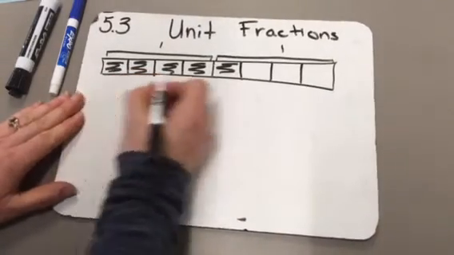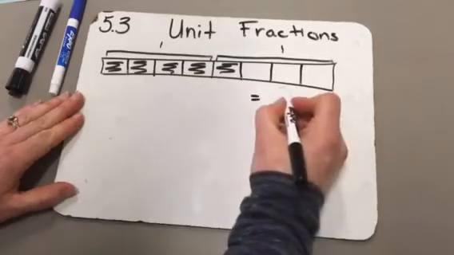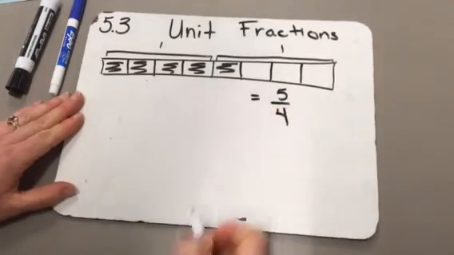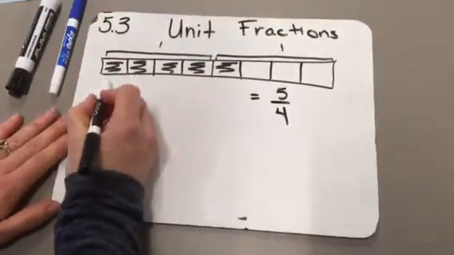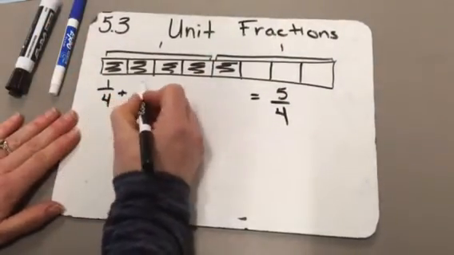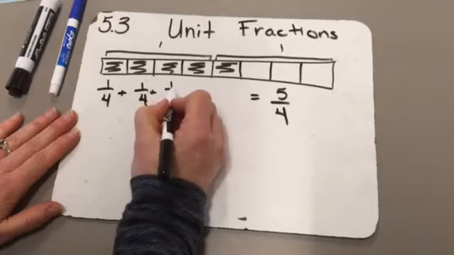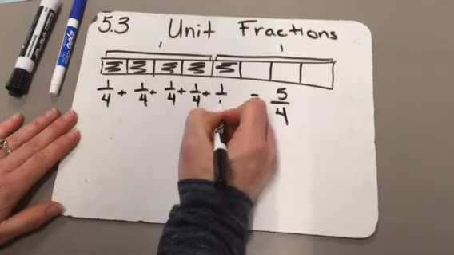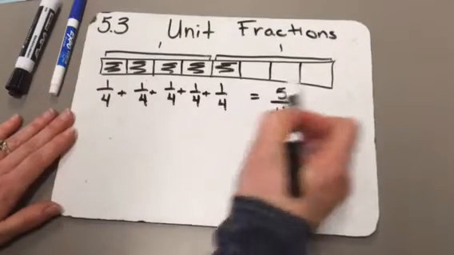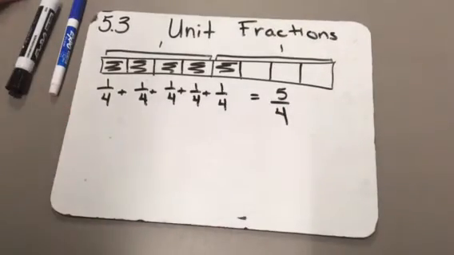All right, what you should have come up with is that it equaled 5 fourths. Not eighths, because this is my whole. I have 1/4 plus 1/4 plus 1/4 plus 1/4 plus 1/4, which gives me 5/4.